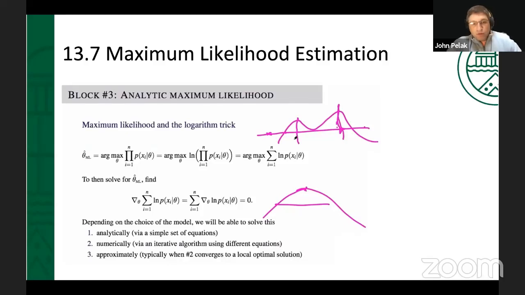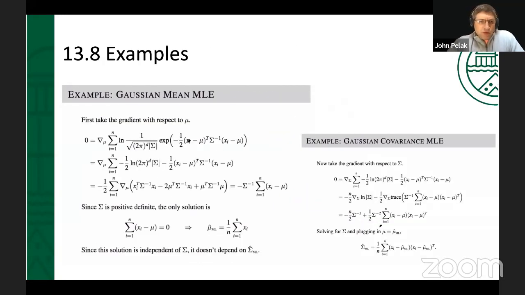That gradient is a vector itself, and it points in the direction towards either the maxima or the minima of your function. So if you set that gradient equal to 0, you can actually find those maximum and minimum values.